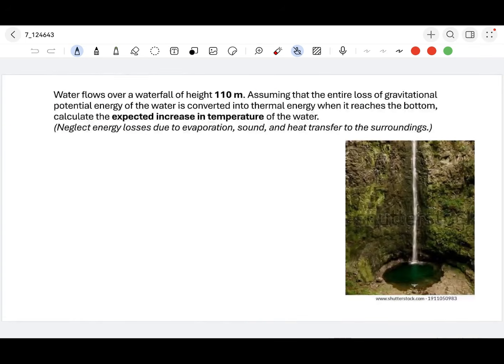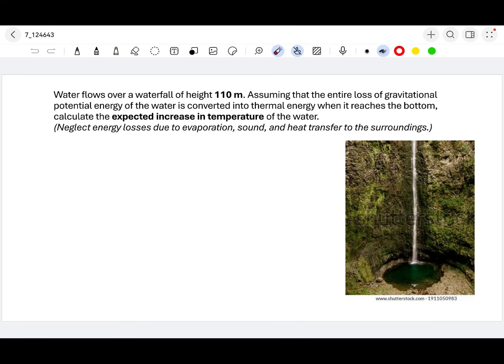Water flows over a waterfall of height 110 meters. Height is given, h equals 110 meters. Assuming that the entire loss of gravitational potential energy of the water is converted into thermal energy.